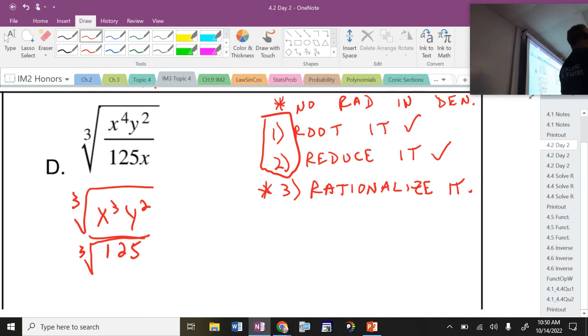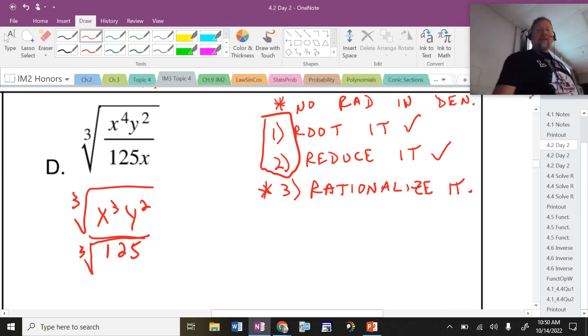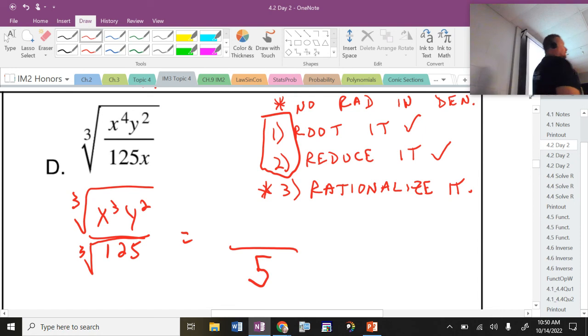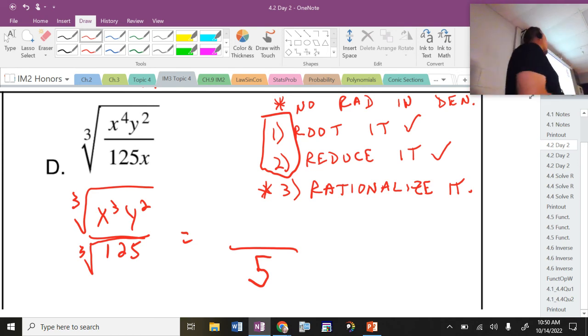What roots perfectly? 3, 2, 1, go. What number? 125. Correct. And then guess what you took care of without having to rationalize? You no longer have a radical in the denominator. Through reducing first, and then that being a perfect cube root, you've accomplished that silly rule that mathematicians need. No radical in the denominator. By the way, there's one other thing.